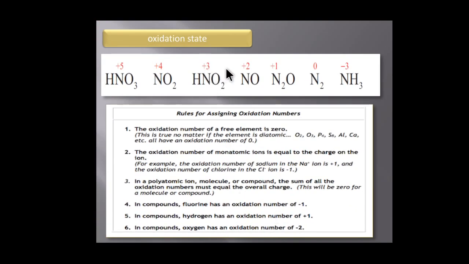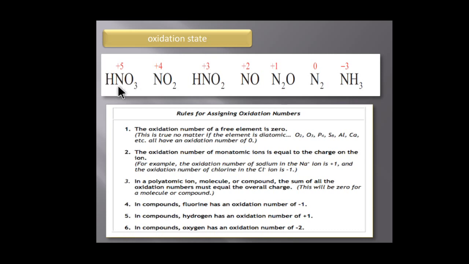And oxidation states. These are examples of nitrogen oxide compounds. Is it clear? HNO3 nitric acid, NO2 nitrogen dioxide, HNO2 nitrous acid, NO nitric oxide, N2O nitrous oxide, N2 nitrogen gas, then ammonia.